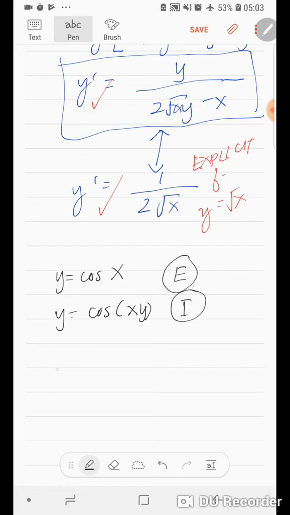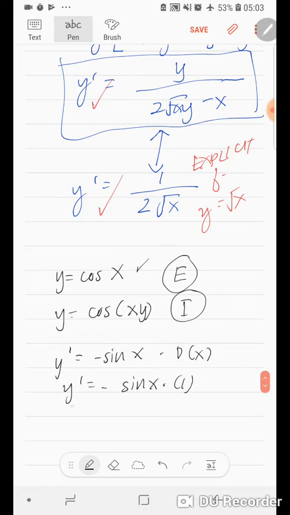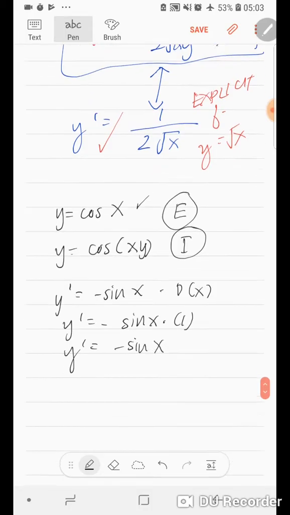As we get the derivative of the explicit function, we get y prime equivalent to negative sine of x, then the derivative of x, which would just be equivalent to 1. y prime is equal to negative sine x times 1. Obviously, y prime is negative sine x.